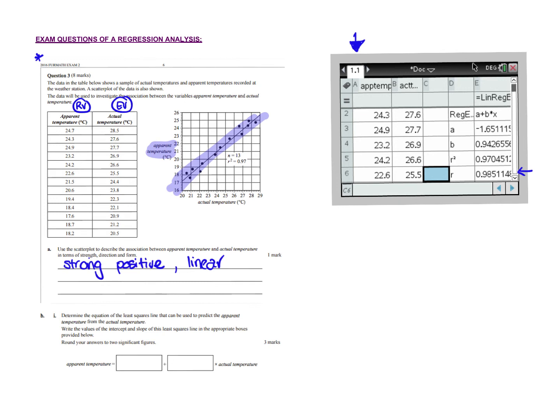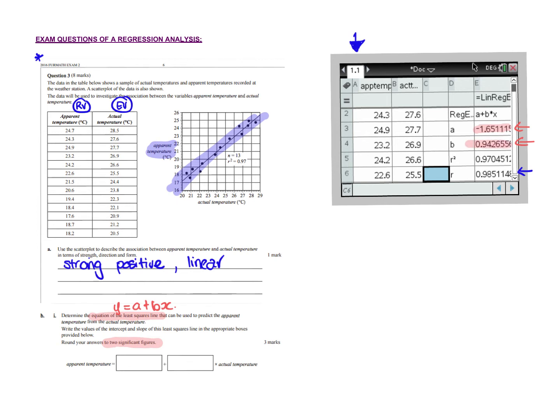Now, it says determine the equation of the least squares line. So what that means is you've got to find the A and the B value, which are over here. Also, always when they ask for the equation, they're going to be asking for either decimal points, or often significant figures. So let's look. They want 2 significant figures for these 2 numbers.